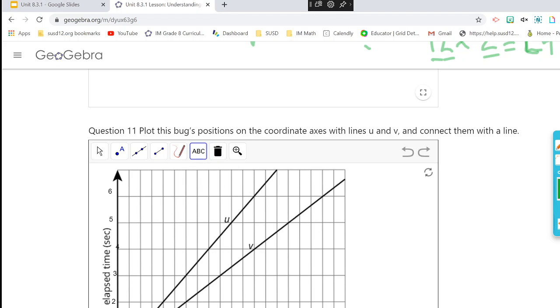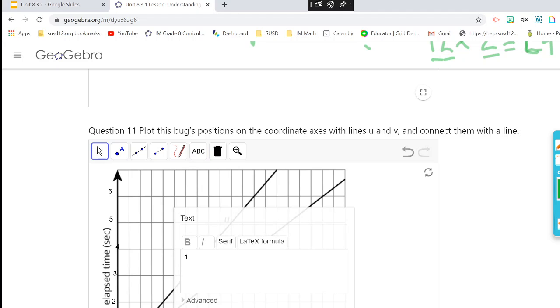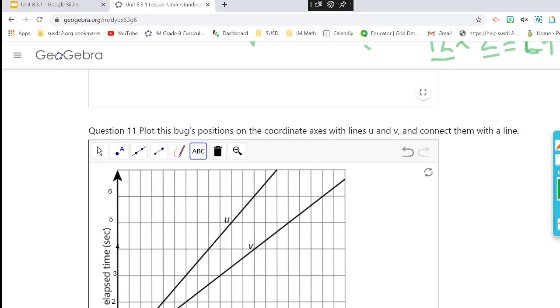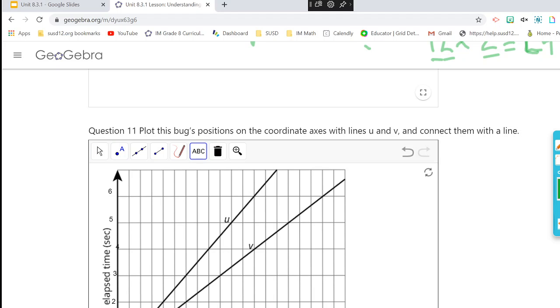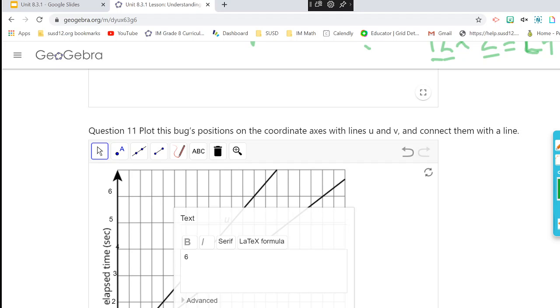Each tick mark is 1 centimeter. 1 centimeter, 2 centimeters, 3 centimeters. Let me try to get my centimeters a little nicer here. 4 centimeters. I'm going to skip some, but keep counting correctly. 6 centimeters.